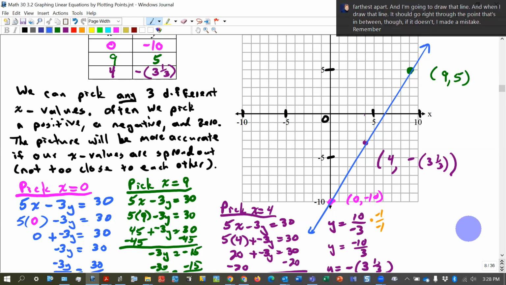Remember when I first made my mistake over here and I wrote 5 here instead of 0, the corresponding value for y that I got was -8 1/3. That would have been here.